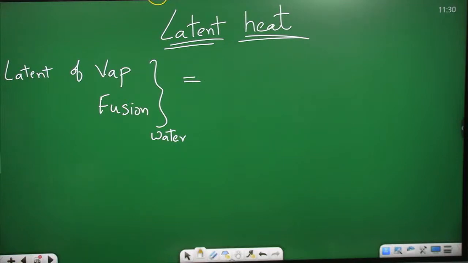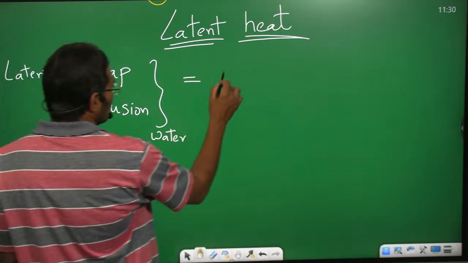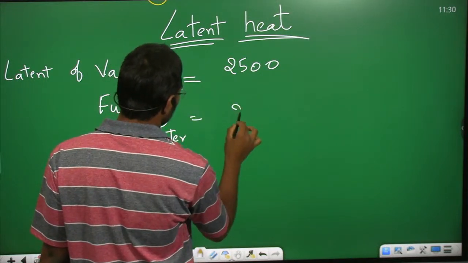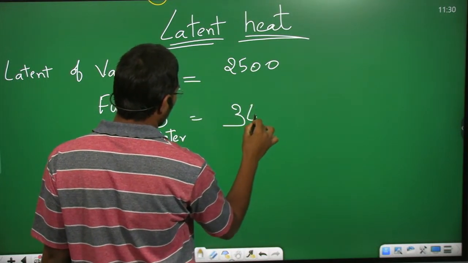So what is latent heat of evaporation for water? Latent heat of fusion for water. 2500 approximately. It is 340, I guess.